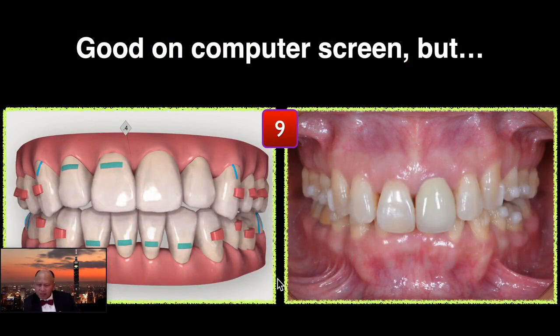So one more time, when you look at the computer screen, it's good, 9 months into treatment. But in reality, in the clinic, the deep bite gets worse. And you start to think, why would that happen? The reason is that the aligner covers the occlusal surface. The patient wears the aligner so well and bites so hard that they intrude the posterior.